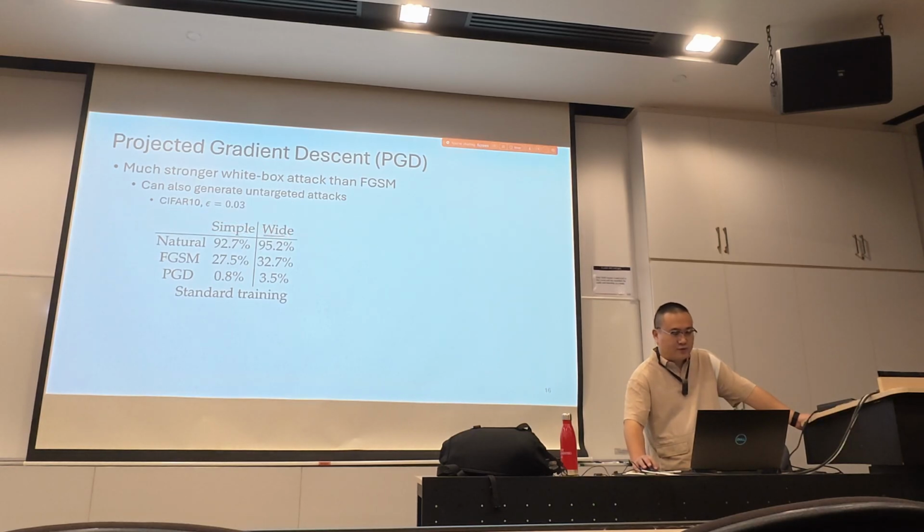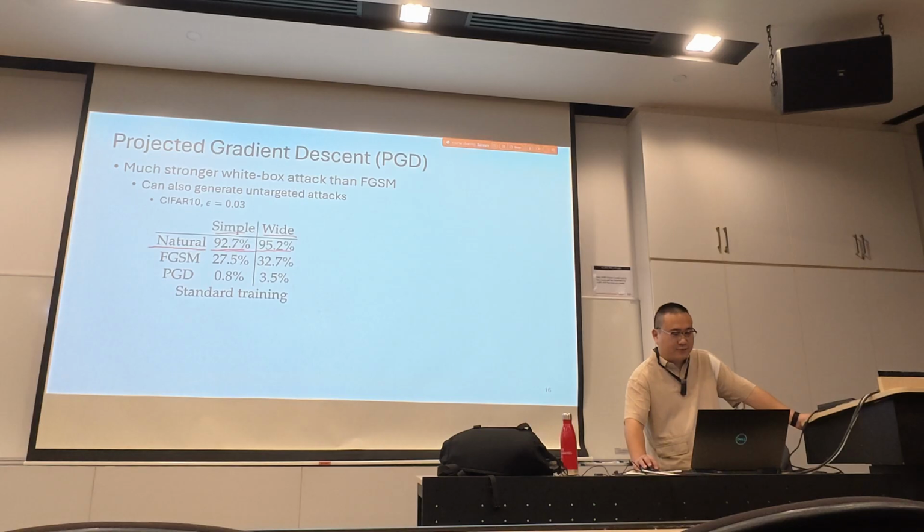And the other is Wide ResNet, which just contains more parameters compared to the basic ResNet. For the naturally trained models, ResNet gets over 92 and Wide ResNet gets about 95 accuracy.